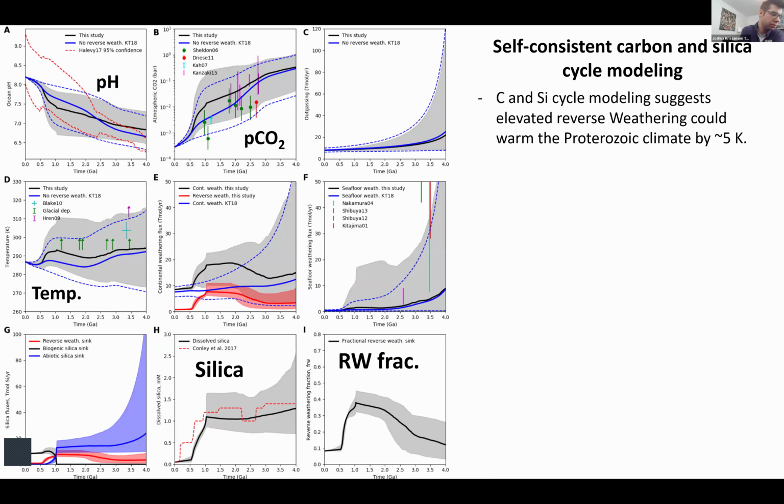Okay, so keeping in mind the time, these are the results that you get when you put reverse weathering into the carbon cycle model. I should say that the solid blue lines and dashed lines are what you saw before, where we weren't assuming anything about reverse weathering, and then the black and gray shaded regions are what you get in this nominal model when you put in reverse weathering and you track silica and so on.